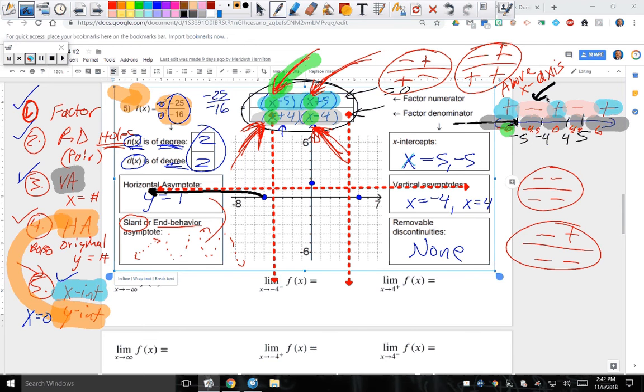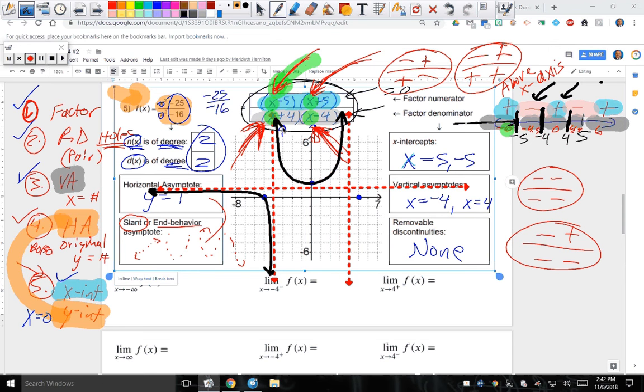That means from negative 5 to negative 4, I need to be below the x-axis, approaching the appropriate horizontal or vertical asymptotes. The boundaries, pretty much. And then now I'm positive between negative 4 and 4. The only way that can happen with hugging the vertical asymptotes and also going through that y-intercept that we found would be looking like this.